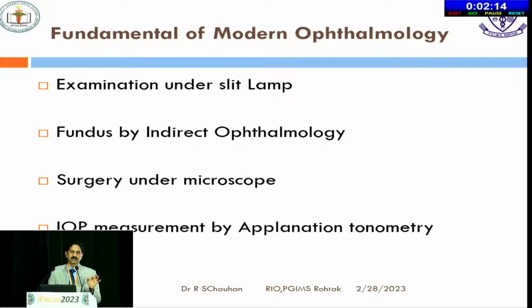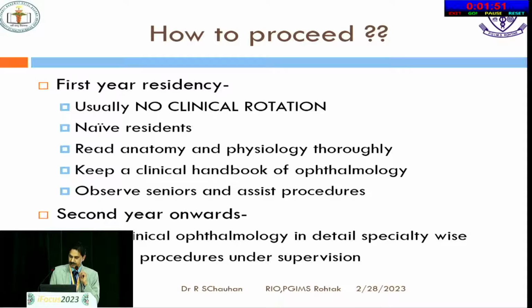It says that unless you spend 60 hours doing indirect ophthalmoscopy, you cannot master it. So it is not that simple a procedure. Every surgery has to be done under a microscope and every IOP measurement has to be done by applanation tonometry. Applanation tonometry is also very, very important during the residency period.